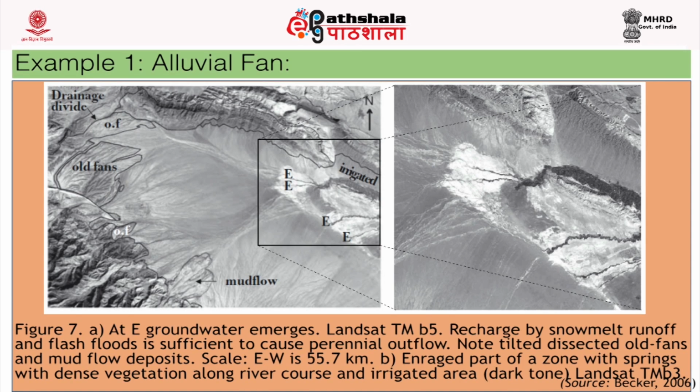On the left side of the diagram we can see some old fans, some mud flows, and the drainage divide is also indicated in the upper part of the diagram. So here recharge, mostly by snow melt runoff and flash flood, is sufficient to cause these streams' perennial outflow.